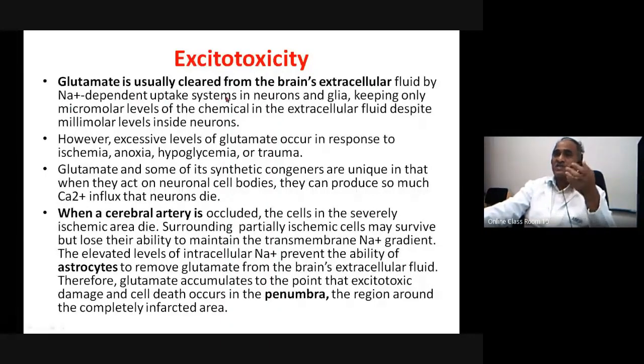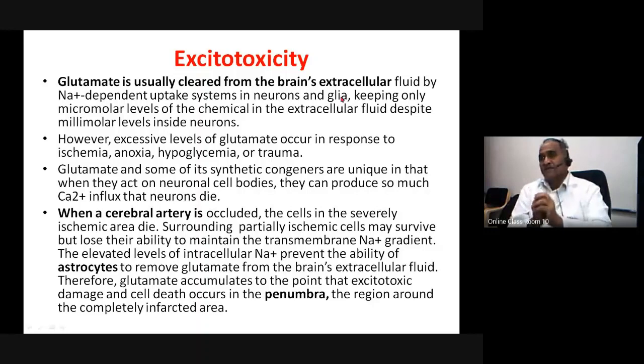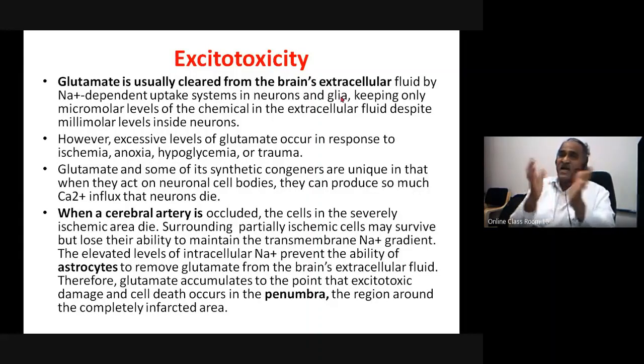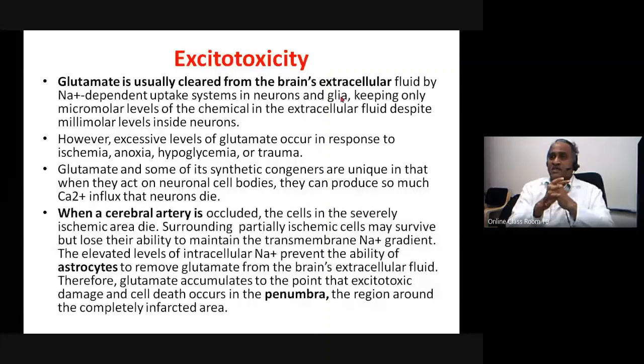That means there are glutamate transporters in the neurons, the presynaptic terminal, and on the glia, because they have a glia by the side. So they minimize or lower the level of glutamate at the synaptic place. Usually in the extracellular fluid space or inside the neuron, it is in millimolar concentration.